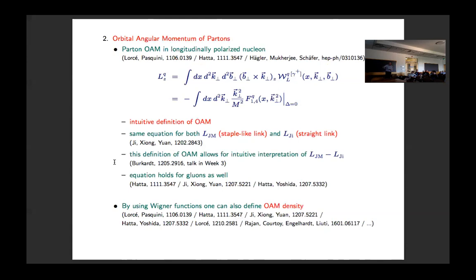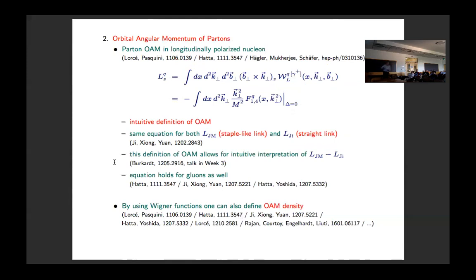A nice feature is that you can actually express both the Jaffe-Manohar and the Ji orbital angular momentum with the very same formula. The difference comes from the fact that in one case, you have to use the staple-like Wilson line to make the object color gauge invariant, the same staple that we use for TMDs, while for the Ji orbital angular momentum, you connect the two coordinates by a straight line.